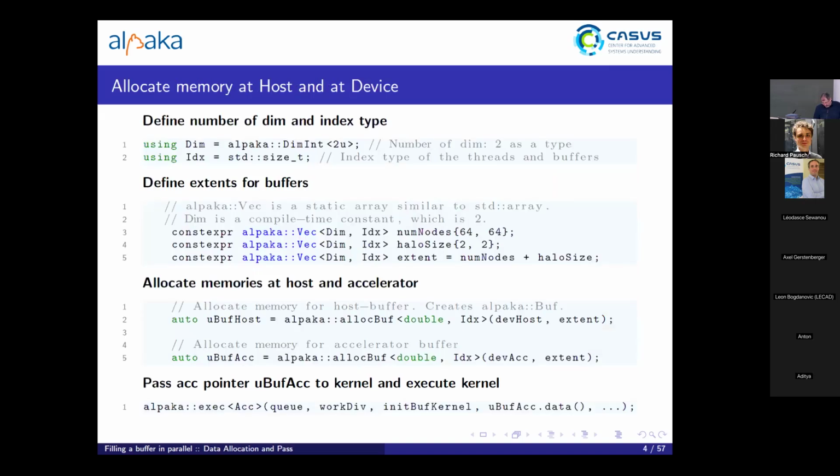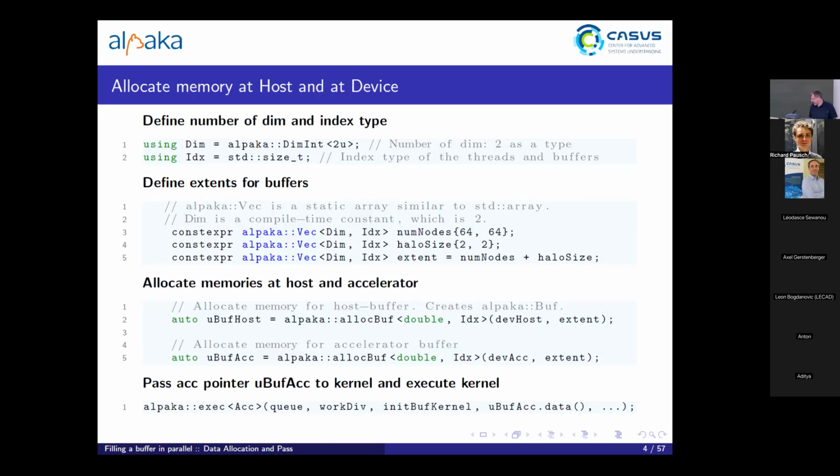Okay, there are some very basic definitions I need to go over. In Alpaca we initially define the number of dimensions, which will be the number of dimensions of data buffers. And of course, this can also be used as the dimensions for the grid size in the work division.